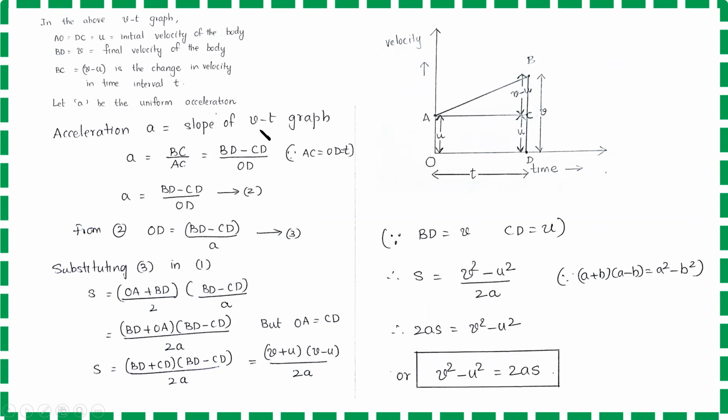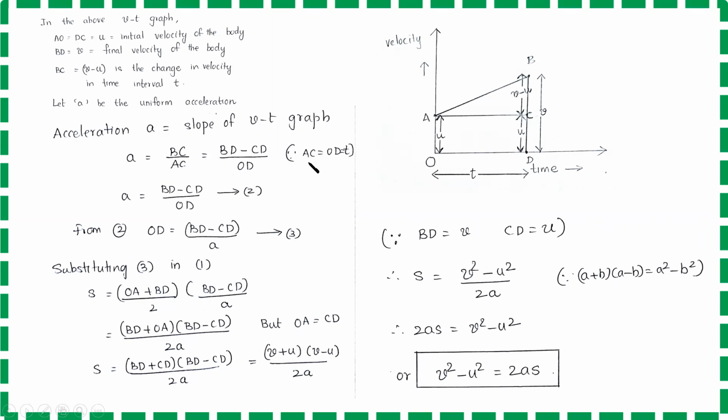Now let's go to the next slide. Acceleration is given by the slope of the VT graph. This is our VT graph. Acceleration means y segment by x segment. The y segment is BC, the x segment is AC. Therefore, BC by AC. But BC is equal to BD minus CD, so it is (BD minus CD) by OD, because AC is equal to OD is equal to t.